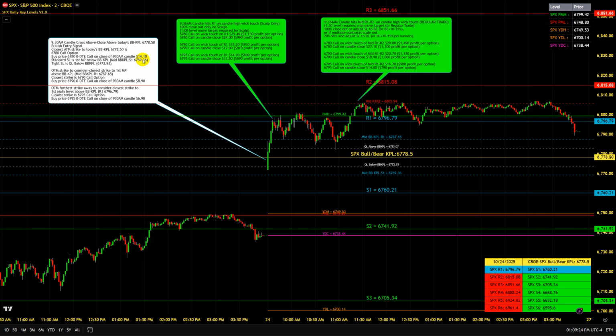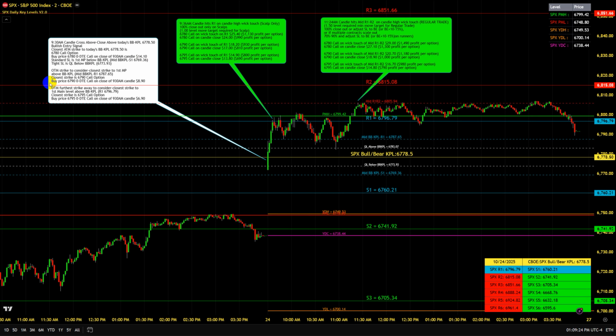So it does not make sense to utilize, for example, options that expire several days or a week from now, because then you're paying a whole lot for time premium, which is not even going to come into play if you're opening and closing during the same session. So 0 DTE is preferred. However, you can also consider using 1 DTE if for whatever reason you feel more comfortable with it.